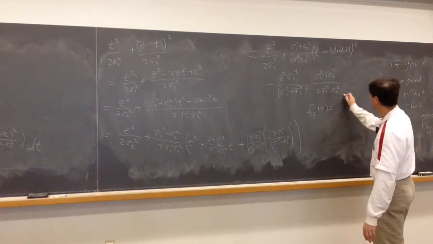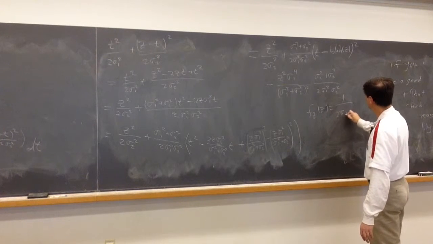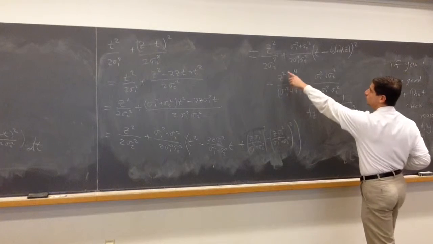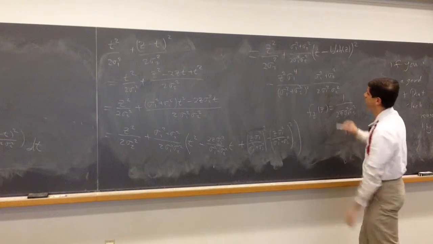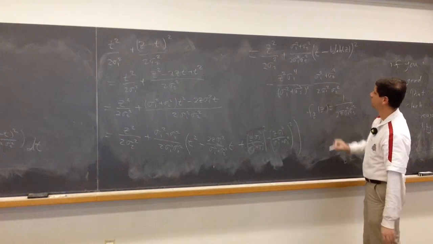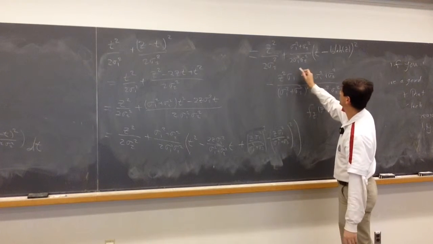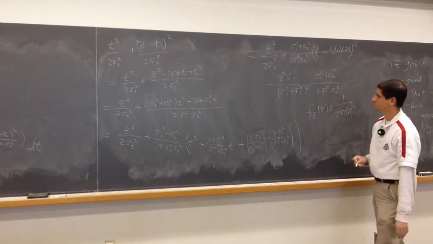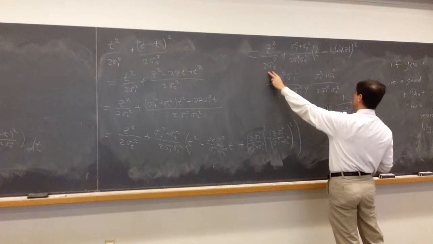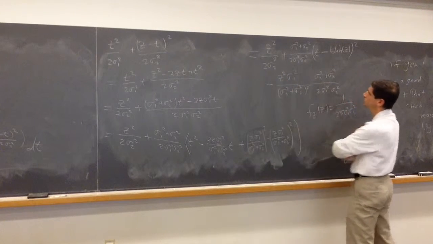So we have a 1 over 2 pi sigma 1 squared sigma 2 squared. We pull out this and we pull out this. If I take this, that cancels this. If I take a sigma 1 squared, that reduces this from a 4 to a 2. We have a 2 sigma 2 squared, we have a 2 sigma 2 squared.